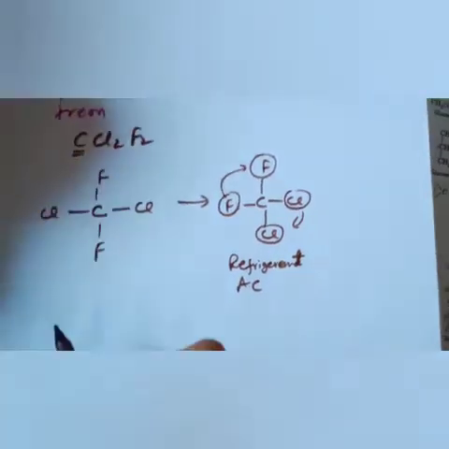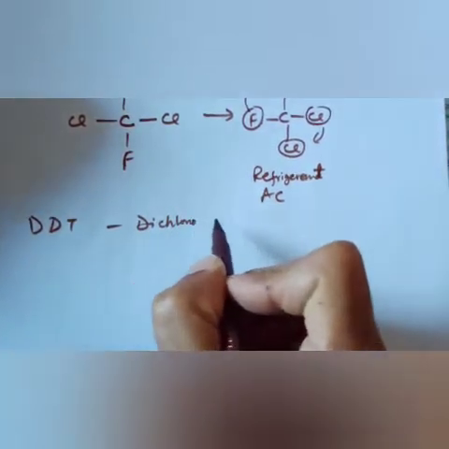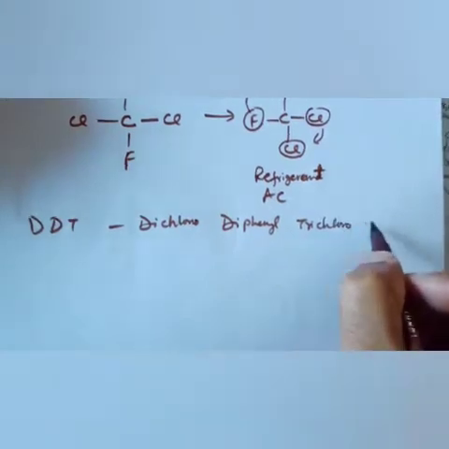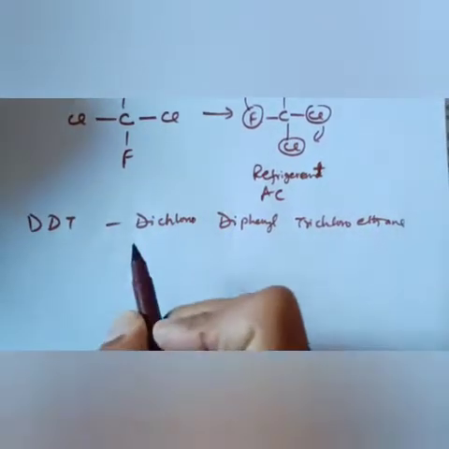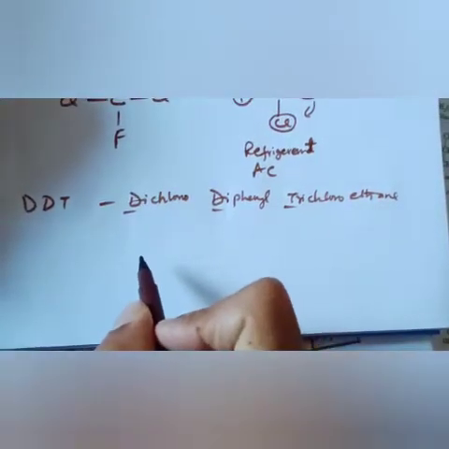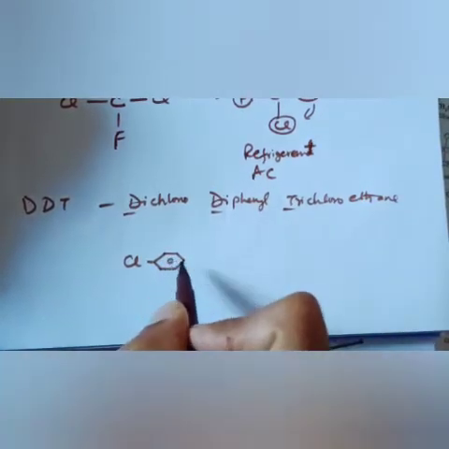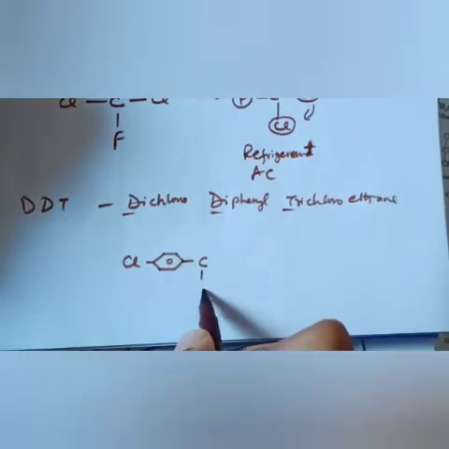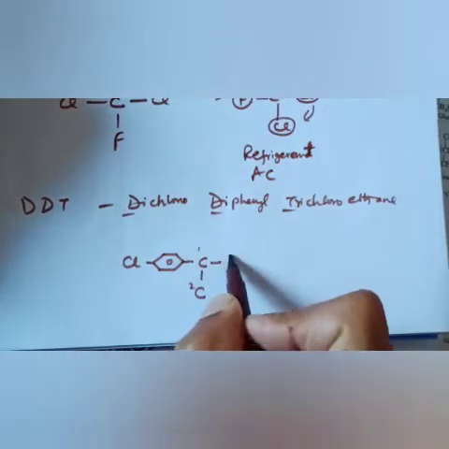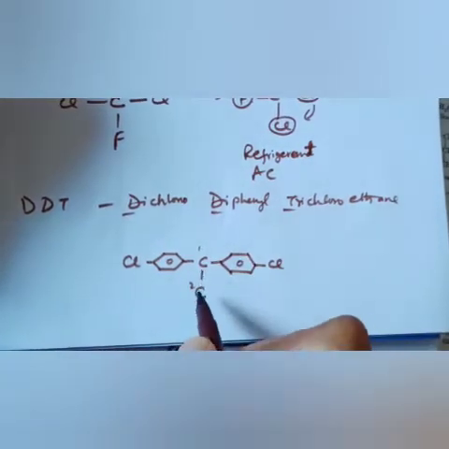Similarly, DDT. I already told you the full form is dichlorodiphenyltrichloroethane. First you draw one chlorobenzene, attached to the first carbon of the ethane. On the other side, also one phenyl with one chlorine.